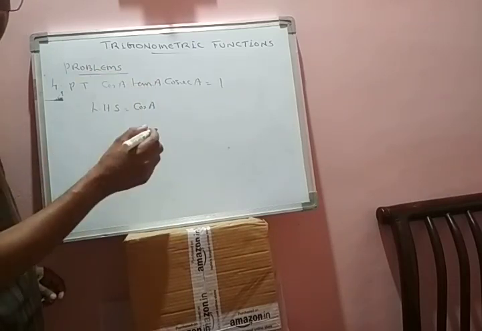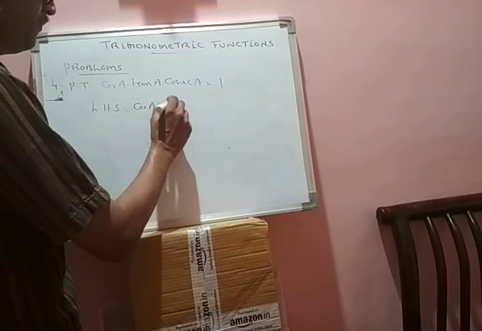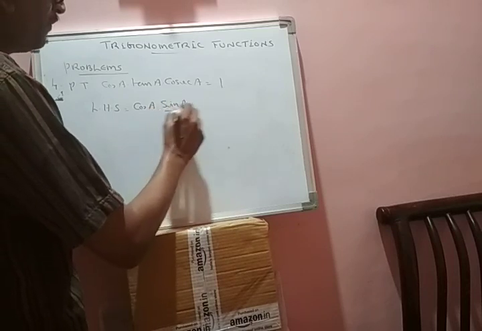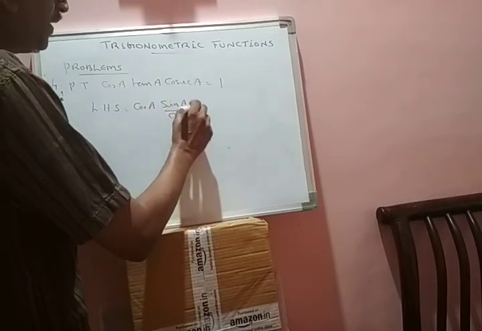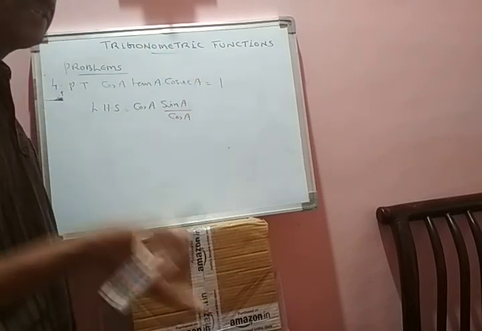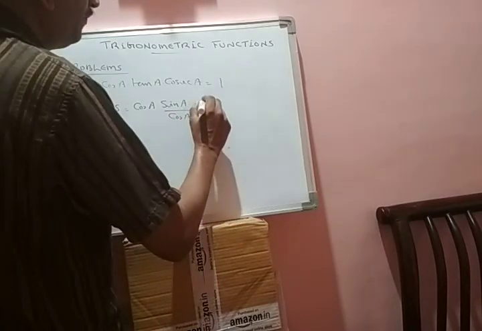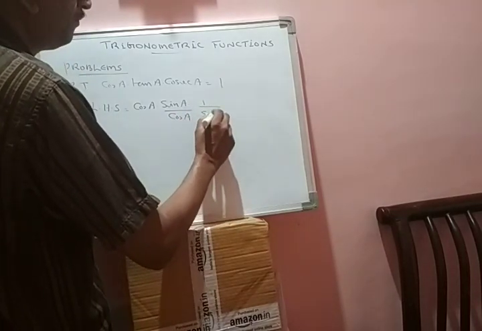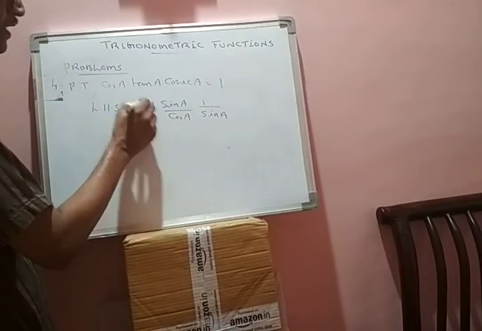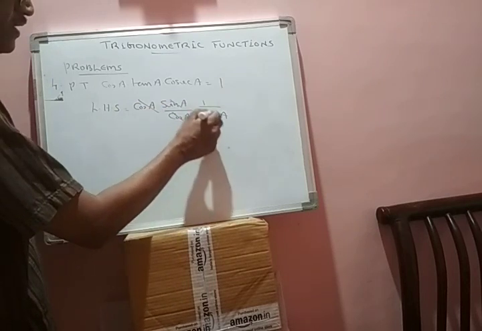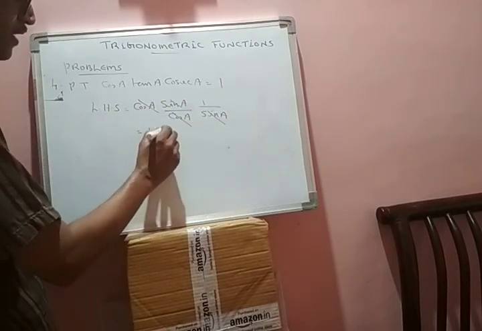Change tan A as sin A by cos A. Change cosec A. Cosec A is the reciprocal of sin A. Therefore, change cosec A as 1 by sin A. Here cos A gets cancelled, sin A gets cancelled. Answer 1 is equal to right hand side.